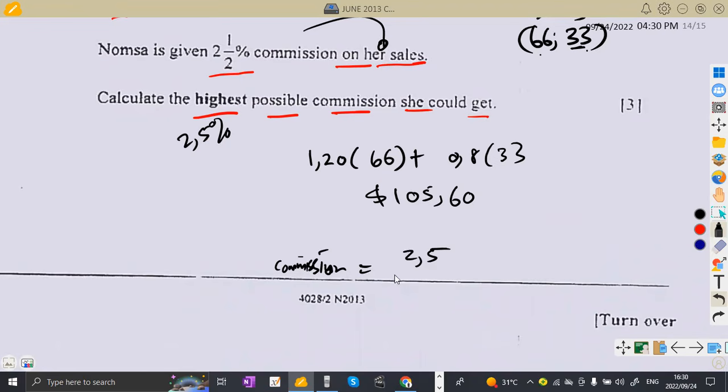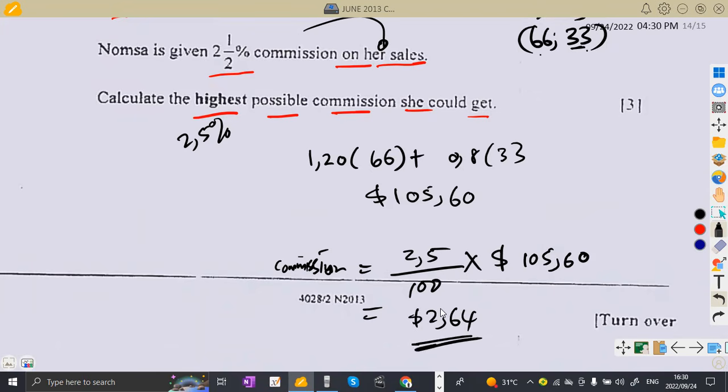So it's 2.5 over 100 times the money that she got, which is $105.60. Okay, so from your calculator, that is what you're going to have as your commission. So you're going to have something like $2.64. This is the highest commission that we can ever get from this information that we had.